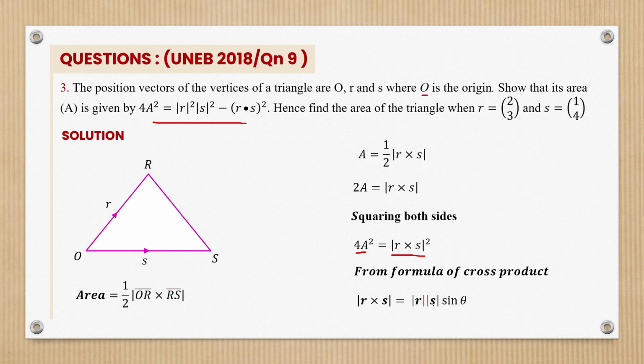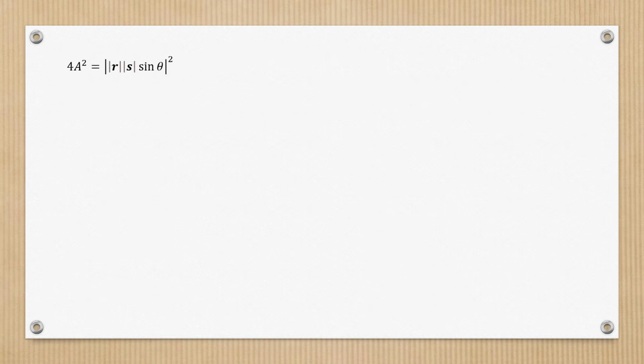So this can be written as the magnitude of small r times the magnitude of small s sine theta. And then this can be written this way. So now when we bring the squared in, we're going to have this magnitude of r squared, this magnitude of s squared, and then sine squared theta. But we also know from trigonometry that sine squared theta is actually the same as 1 minus cos squared theta.